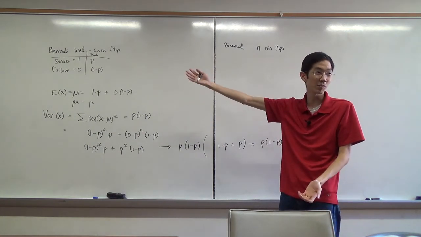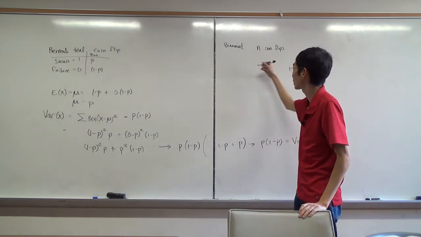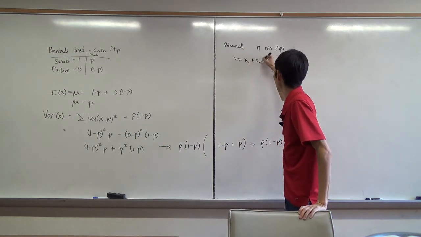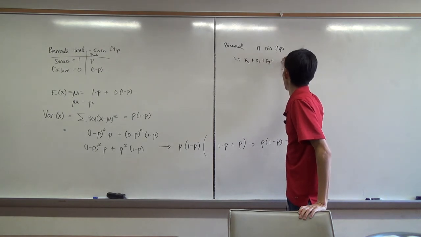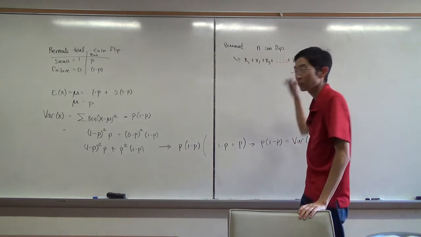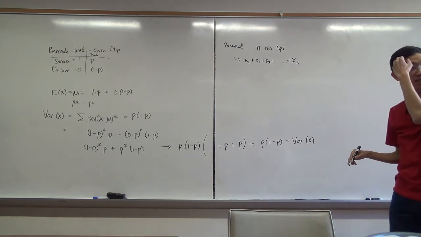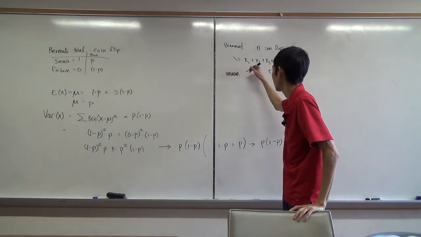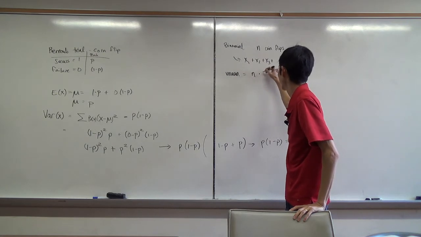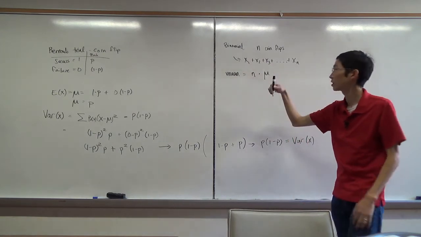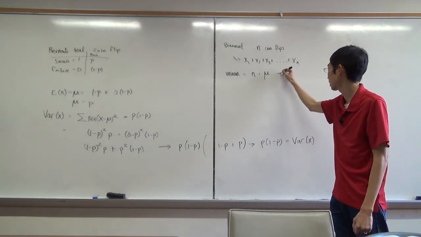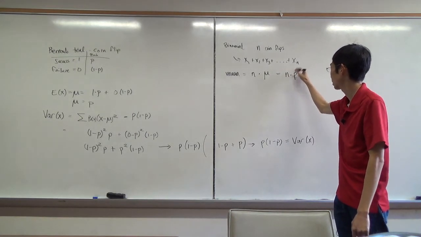So I'm just adding up the number of successes. Okay? So this is essentially x1 plus x2 plus x3 all the way up to xn. And so the mean is going to be n times the mean of x, n times mu. So that becomes n times p.